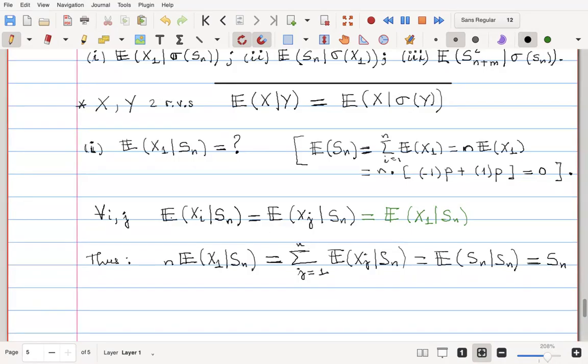We say that this is constant, because it doesn't depend on i or j. It's the same value all over.